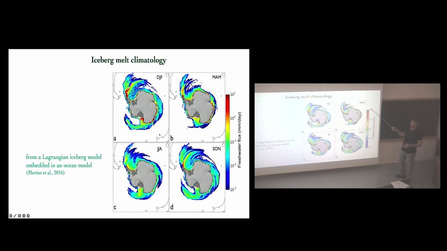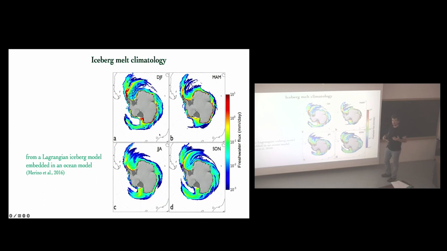Now this is the iceberg melt climatology. It was derived from a model in which Lagrangian icebergs were introduced. And then you can look at the freshwater flux from these icebergs. What you see is that icebergs really transport freshwater from the Antarctic margin to further in the Southern Ocean.